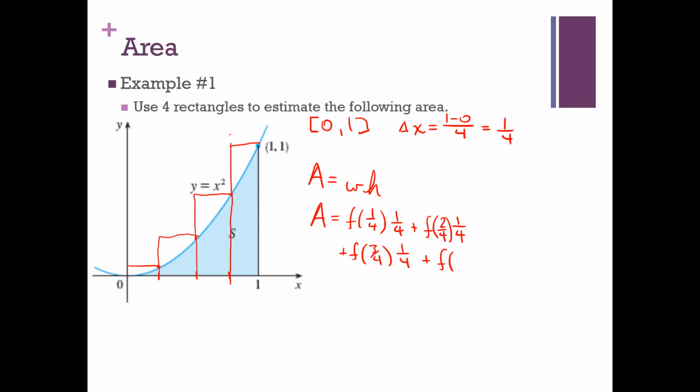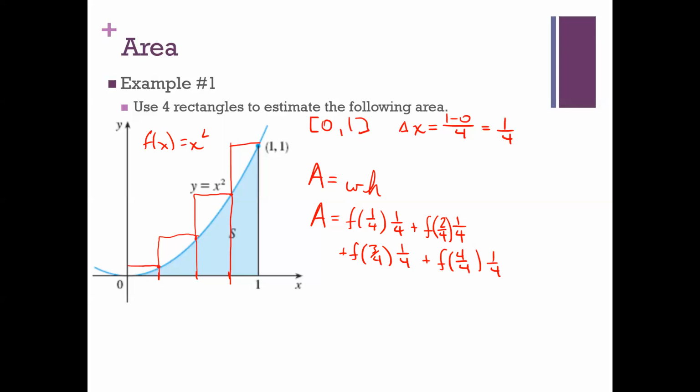So I'm calling f of x equals x squared. Okay. So f of 4/4 times 1/4, right? Basically, to find the area underneath this curve, I'm going to treat these little subsections of this function as rectangles, find those areas, as many as I want, and add them all up, right?